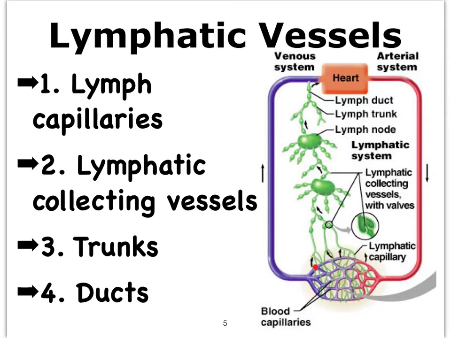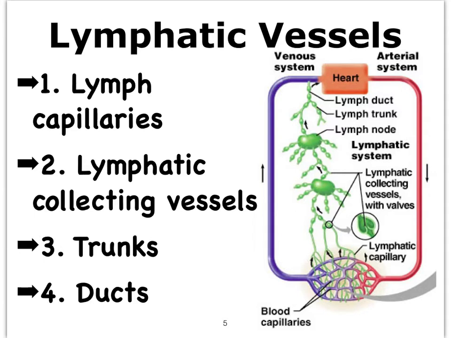All of this lymph will start to merge into bigger vessels that we can refer to as lymphatic collecting vessels, and they even have valves inside of them, very similar to our bigger veins. These lymphatic collecting vessels are going to direct a lot of the lymph through our lymph nodes, and our lymph nodes are responsible for filtering lymph.